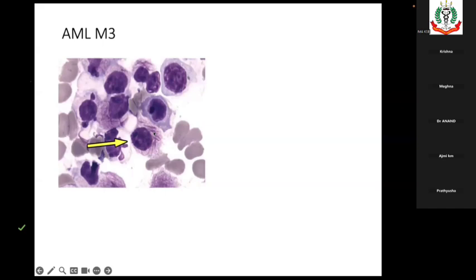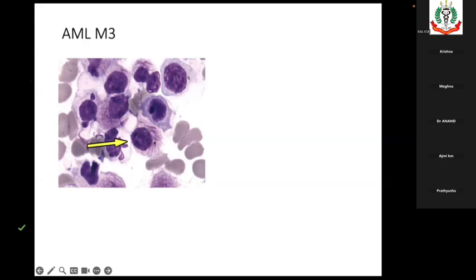This, of course, has a little bit of cytoplasm, but when you draw a large cell like this with a little bit of cytoplasm, what do you draw in the cytoplasm to say that it is a myeloblast? The Auer rod. So just draw a pink rod. One or two rods are enough. Don't draw this much because this, as labeled, is an acute promyelocytic leukemia.